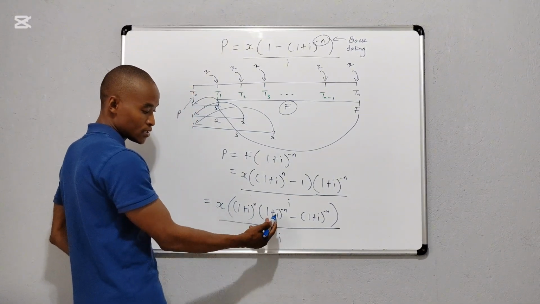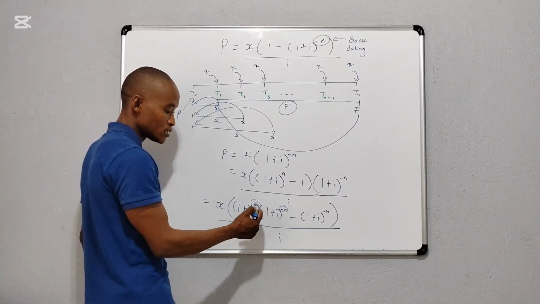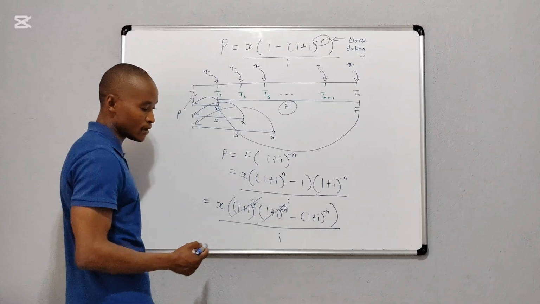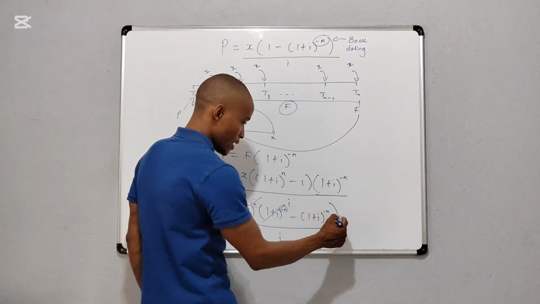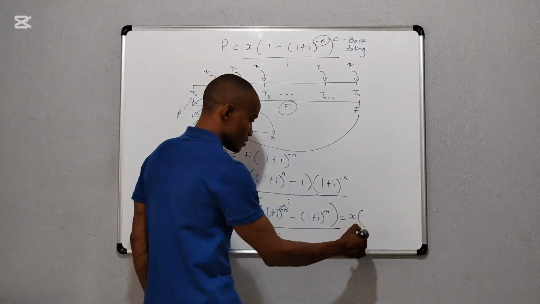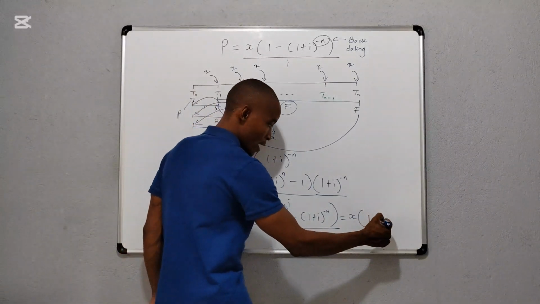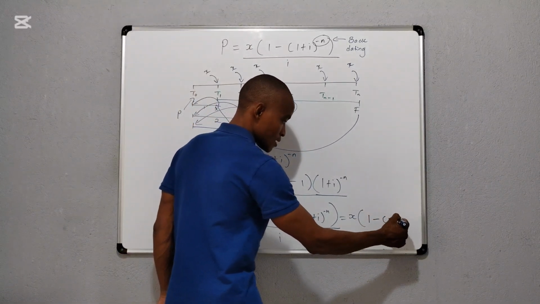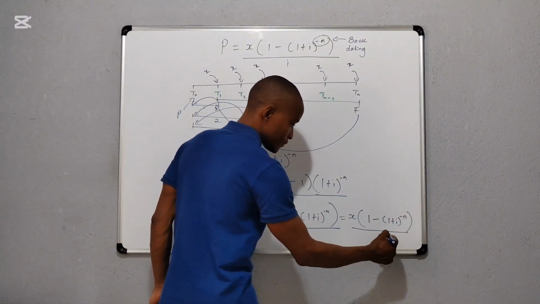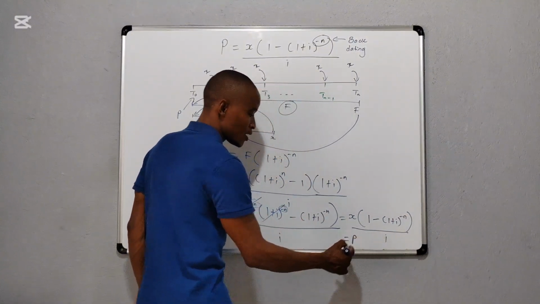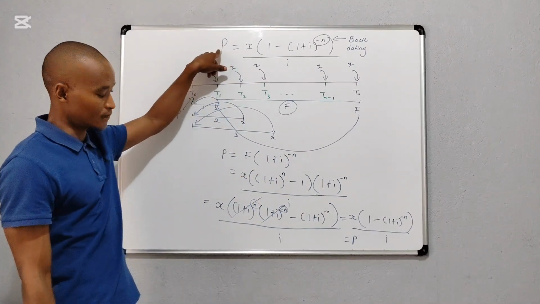As you can see, it's a product of powers of the same base, so you can add exponents, that will give us (1 plus i) to the power of 0, which gives us 1, and this will be X into (1 minus (1 plus i) to the power negative n) all over i, which represents our present value annuity formula.